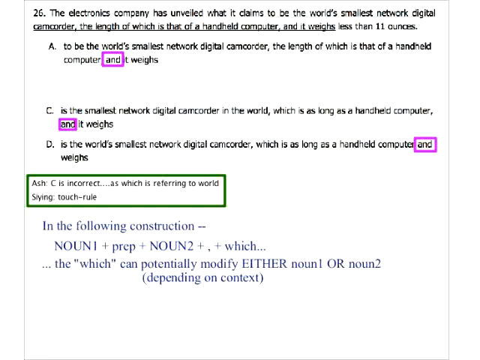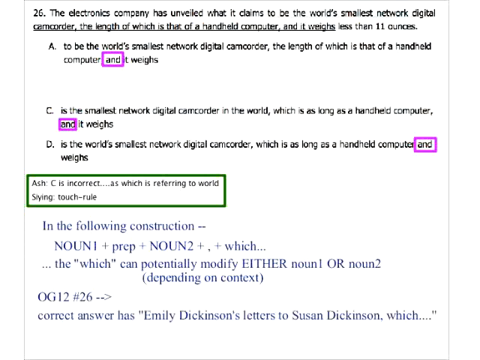So for instance, the correct answer to official guide 12, number 26, has Emily Dickinson's letters to Susan Dickinson, comma, which were.